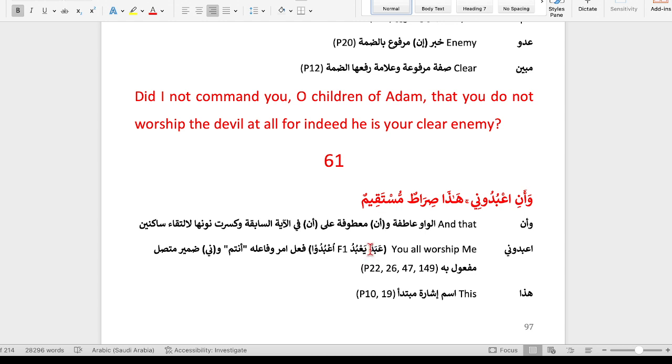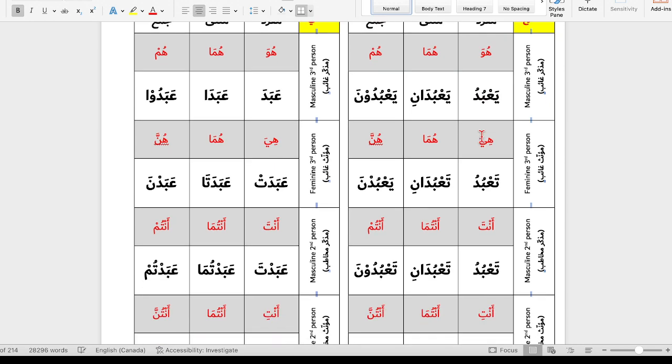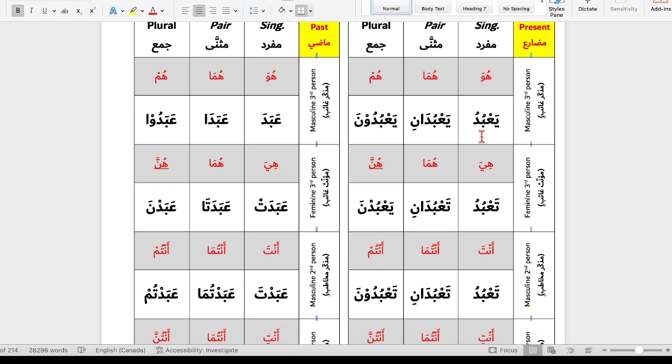The verb is abada yabudu. Let's see how yabudu changes to ubudu, which is fe'lu amrin. Let's go through the table for abada yabudu, page 149. You see here abada past tense, yabudu present tense, and the amr can only be given to the second person.